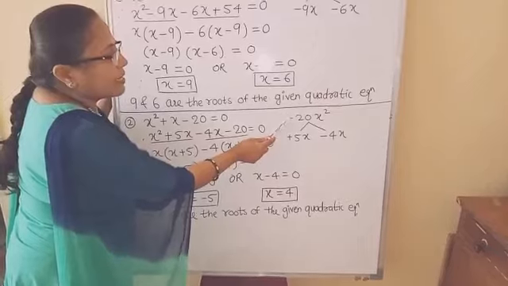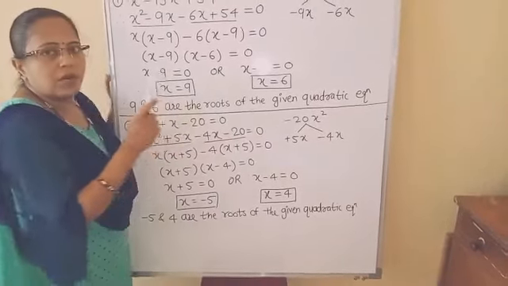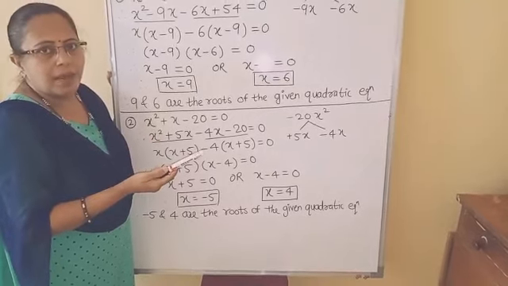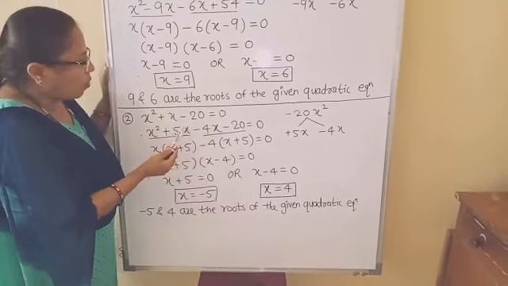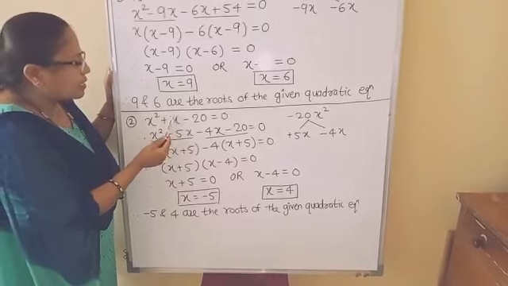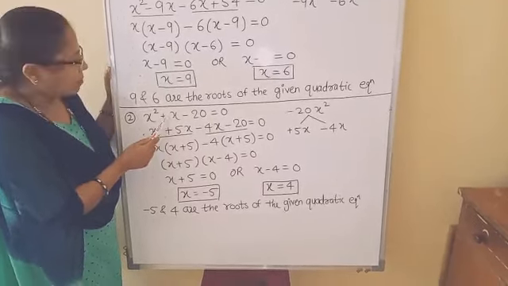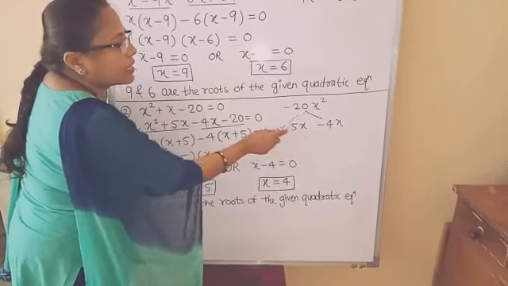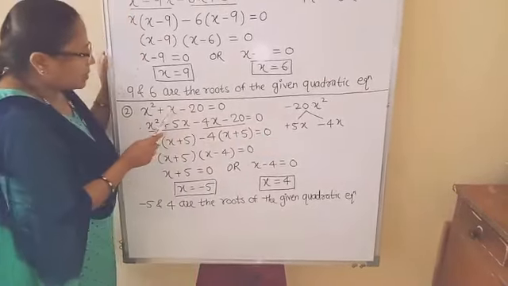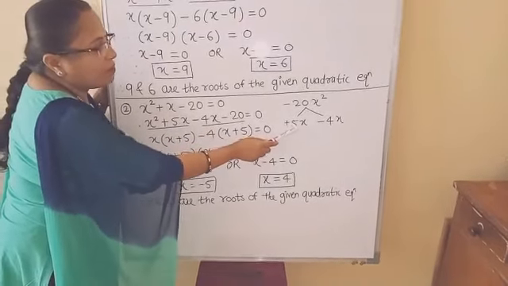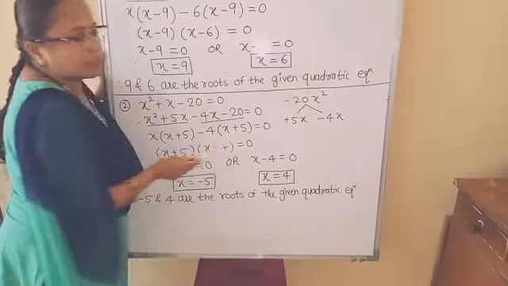Now, the product has a negative sign. That means one of the factors must have a negative sign and the other one a positive sign. So the middle term is the subtraction of those two factors. Here the middle term is 1x. Now, we have to find factors such that their product is 20 and subtraction is 1. So those factors are 5x and 4x.